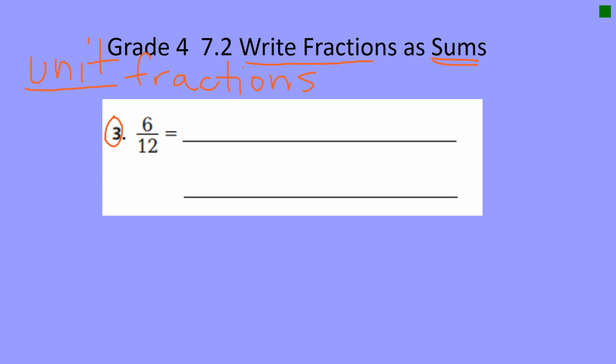Okay? So if you look at number 3, we have 6/12. So that means that you have 6 out of 12 pieces. So you have 1/12 plus another 1/12 plus another 1/12. When do I stop? How many 12ths do I have?